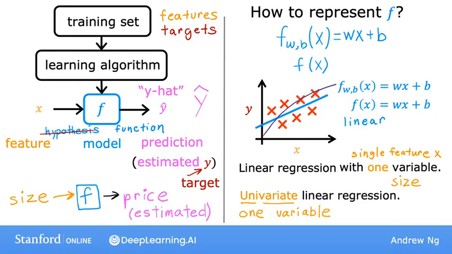So univariate is just a fancy way of saying one variable. In a later video, you also see a variation of regression where you want to make a prediction based not just on the size of a house, but on a bunch of other things that you may know about the house, such as the number of bedrooms and other features.